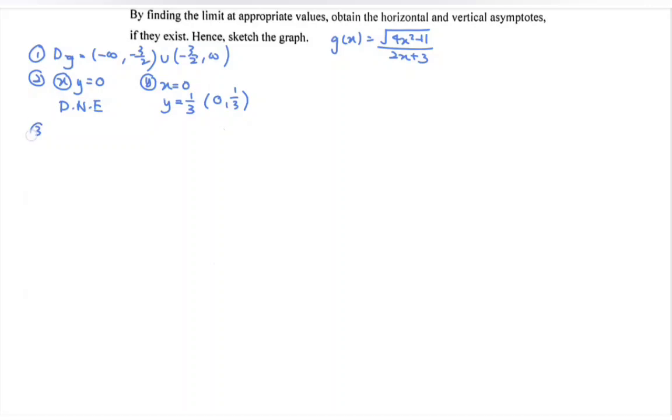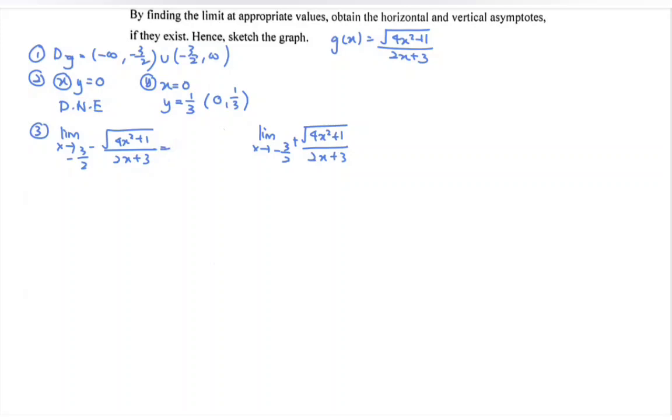Next, step number 3. Limit when x approaches negative 3 over 2 from the left, for the function we have the square root of 4x squared plus 1 over 2x plus 3. Limit when x approaches negative 3 over 2 from the right, we have the square root of 4x squared plus 1 over 2x plus 3.